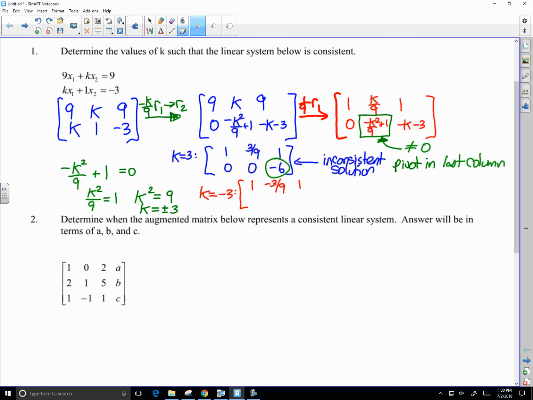I don't know why I wrote a 1. If I plug in a negative 3, I also get a 0. If I plug in a negative 3 in the last column, though, I get negative 3, which is 3 minus 3 is 0. All right, this is consistent.